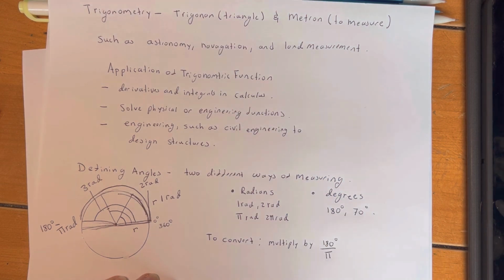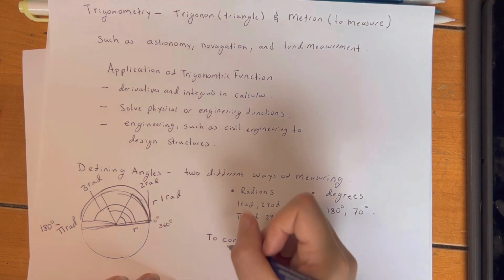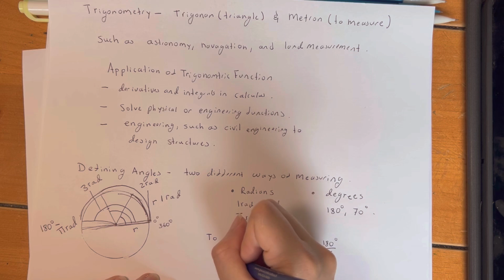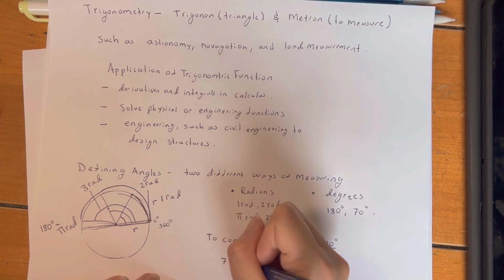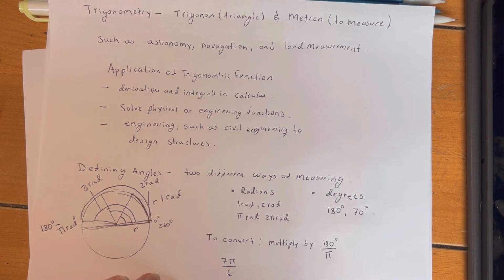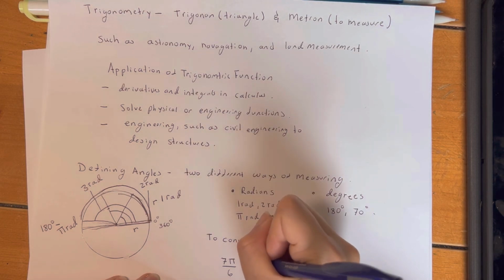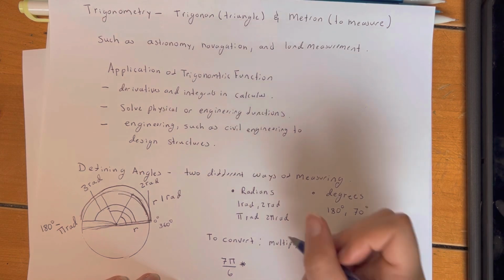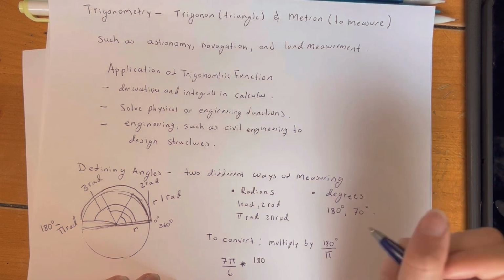So let's do an example. Let's say you have 7 pi over 6 and you want to change that. So you'll multiply by 180 over pi.